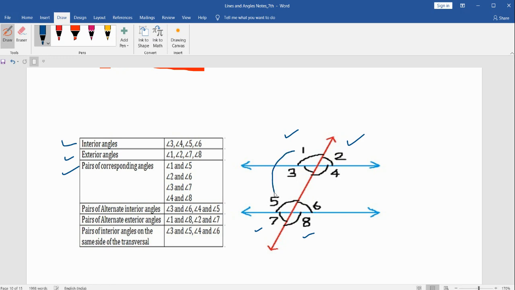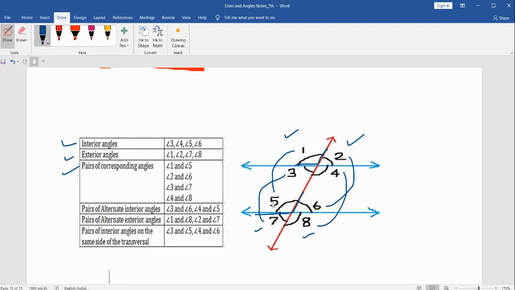Can you see, this one is here and this one is here, like this. It's simple. With 3, the seventh one is corresponding. With 2, the sixth one is corresponding, and with the fourth, the eighth one is corresponding. It's as simple as that.